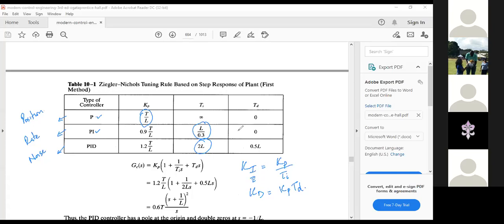And then if it is a PID controller, then KD. That is going to be 0.5 L. So let me bring up our first order response, where L is the lag time and T is the time constant.